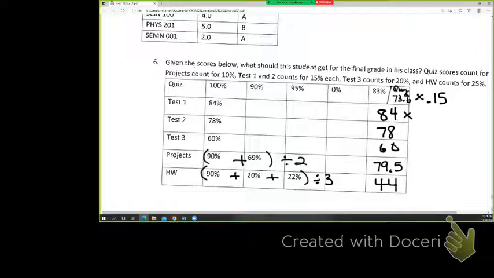Now projects is way down here toward the bottom, so the information may or may not be in the same order. Test 1 and 2 are also 15% each. Test 3 counts for 20%. And the homework counts for 25%.